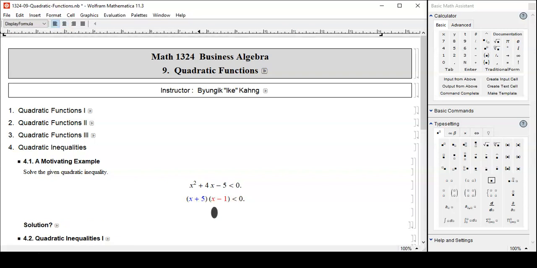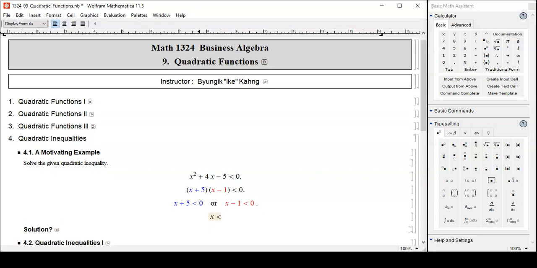So blue, x plus 5, is less than 0, or red, x minus 1, is less than 0. And then from the blue inequality, I get the blue answer. From the red inequality, I get the red answer.